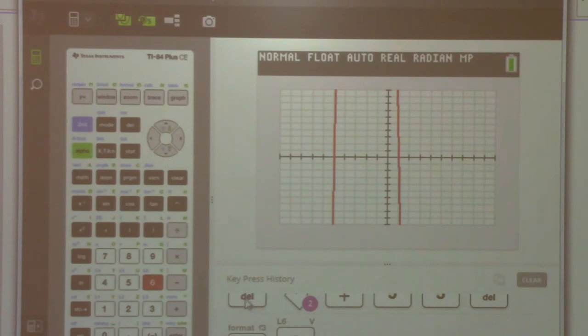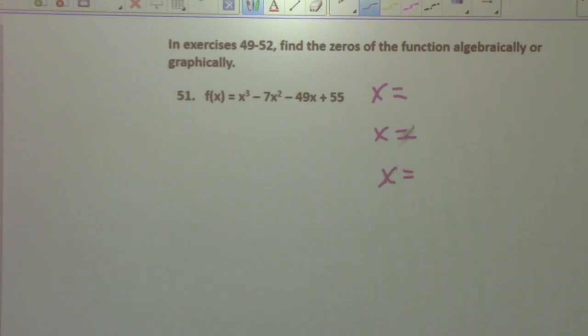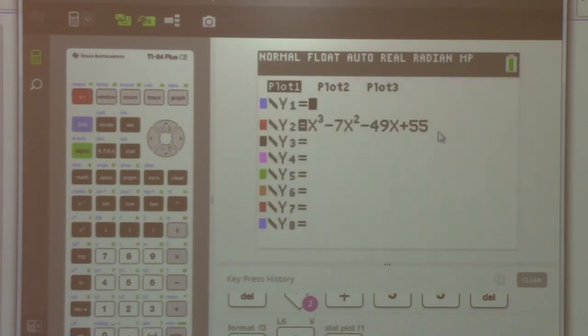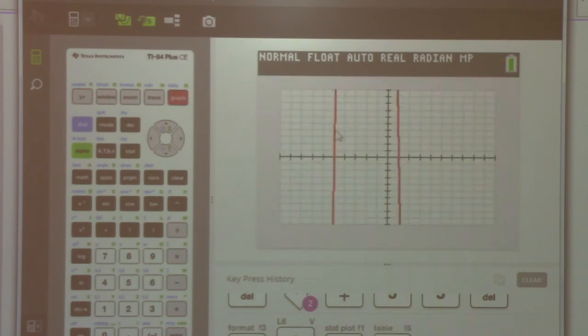Justin, you have zeros for this? Okay, let's take a look here. I just graphed this in the standard window. Here's a standard window, zoom 6.